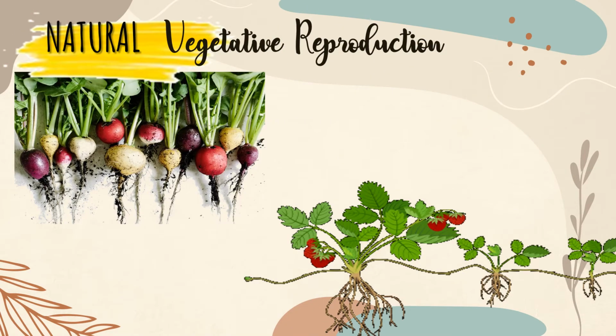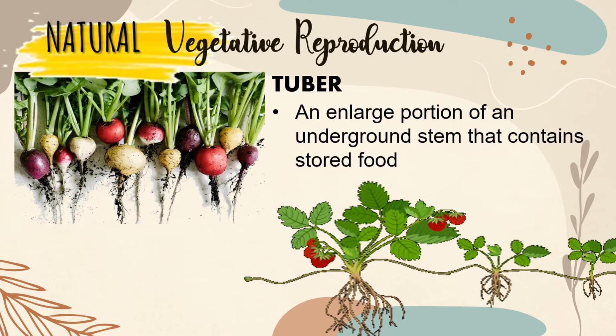We also have these kinds of plants wherein first we have root crops. These root crops are called tubers. A tuber is an enlarged portion of an underground stem that contains stored food. White potatoes are tubers. Along the surface of the tubers are scars or holes called eyes. These eyes are actually tiny buds.